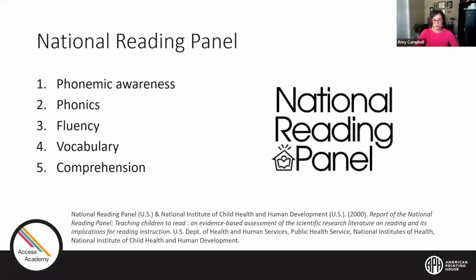From this panel, we learned that the best way to deliver reading instruction is to make sure that students receive explicit instruction in phonemic awareness, systematic instruction in phonics, instruction in reading fluency, vocabulary instruction, and reading comprehension strategies.